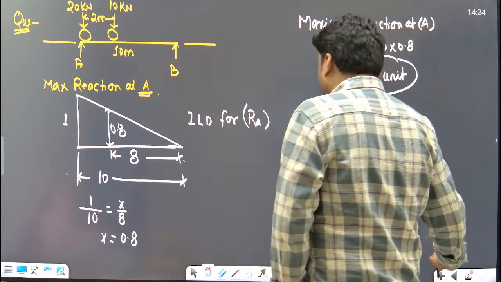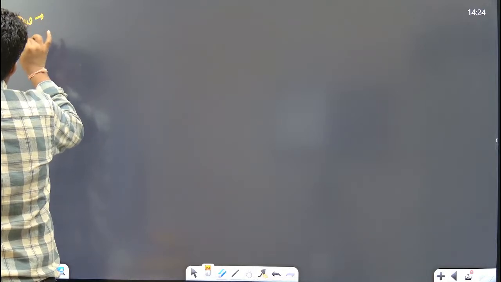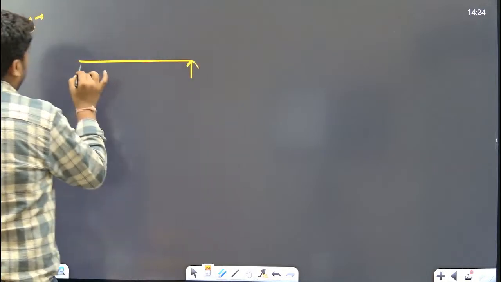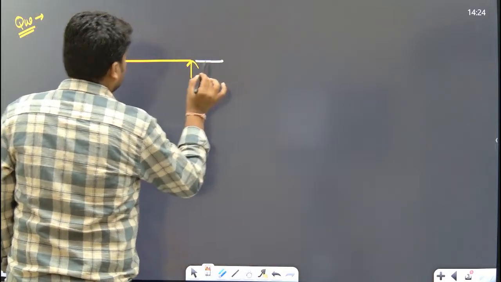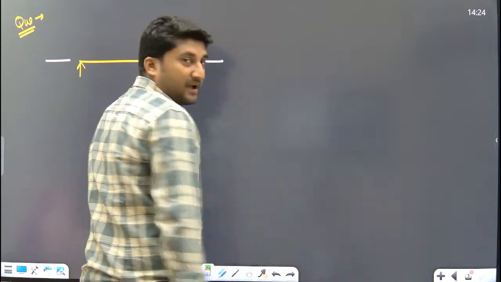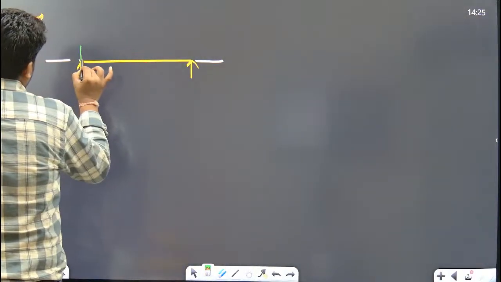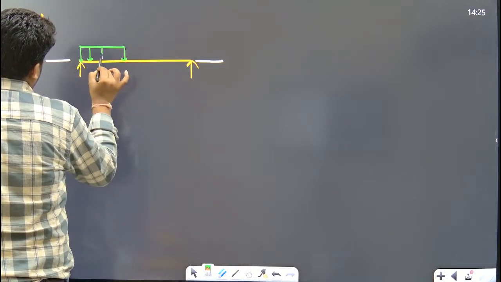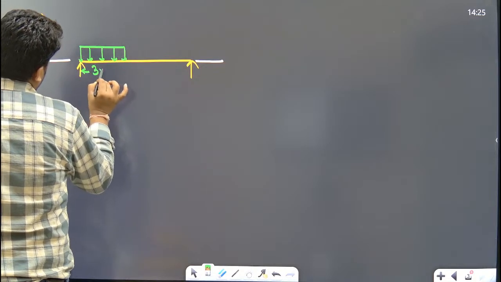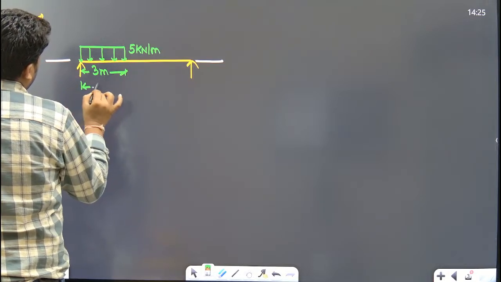Now in the previous question, now another type of question is, if a UDL is moving, 3 meter, and the intensity of UDL is 5 kilonewton per meter, span is 10 meter.